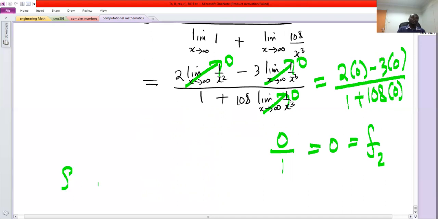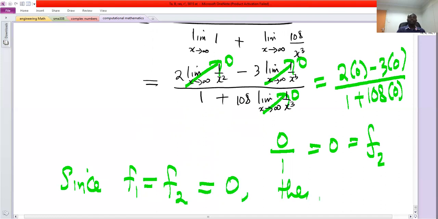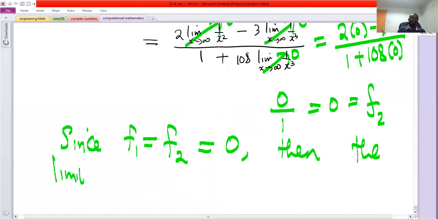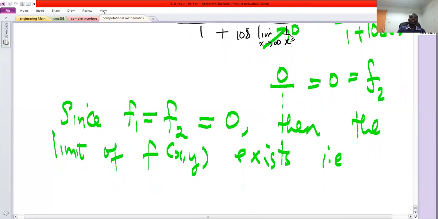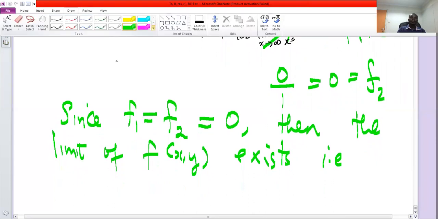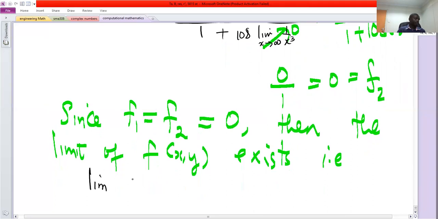Now, since F1 equals F2 equals 0, then the limit of f(x,y) exists, i.e., we write the limit of the function (2x minus 3) over (x cubed plus 4y cubed) as x approaches infinity and y approaches 3 is equal to 0.